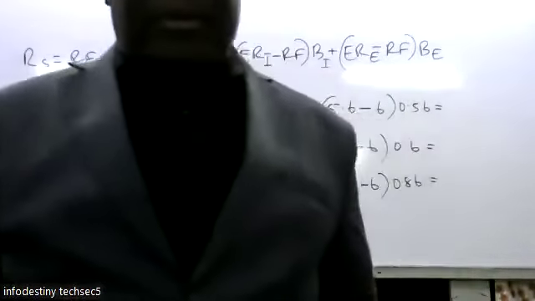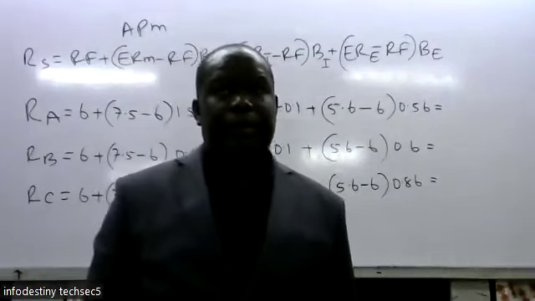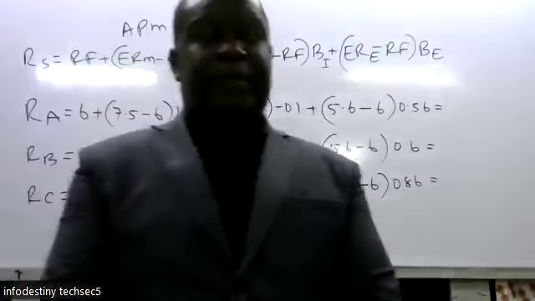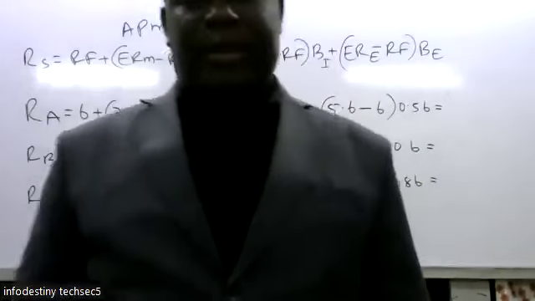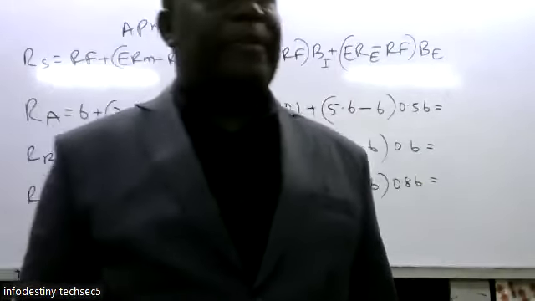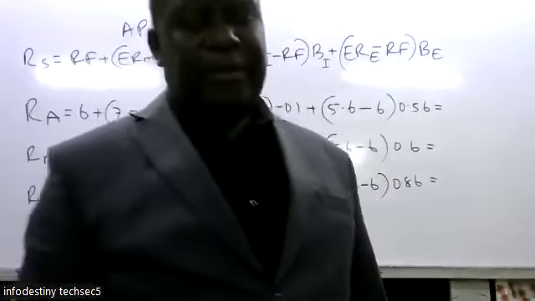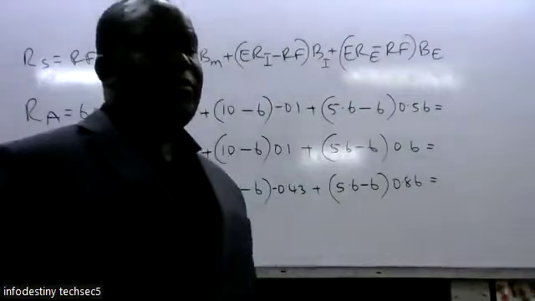On the side of CAPM, number 1, we write that it is a single factor model. On the side of the arbitrage pricing theory, we summarize that it is a multi-factor model. There are more than one factor, but the other one was only one factor.